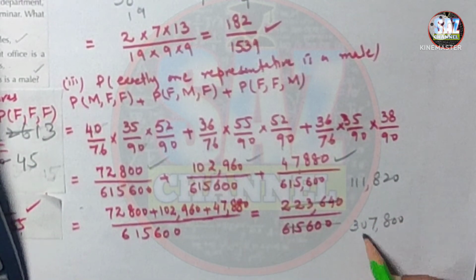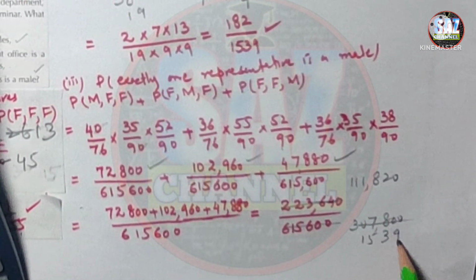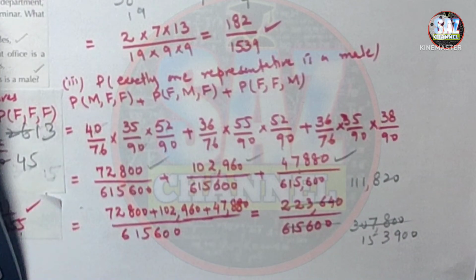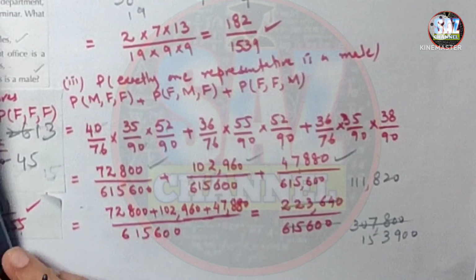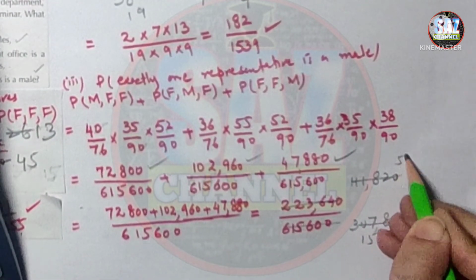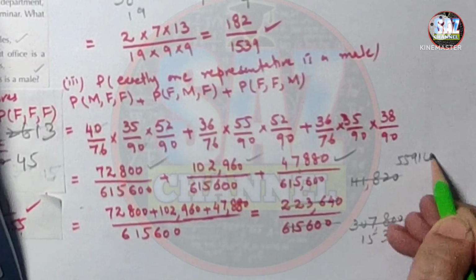This becomes 153,900, and the numerator 111,820 divided by 2 is 55,910.